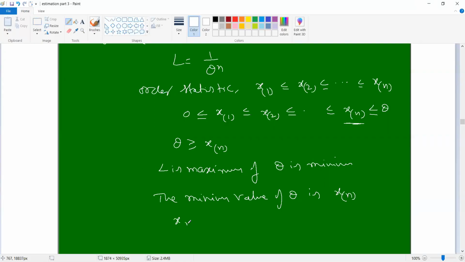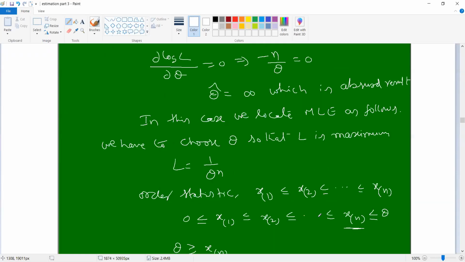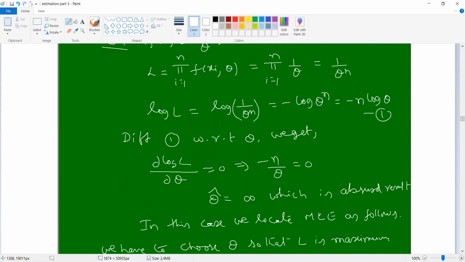Xn order is the maximum of the xi's. So therefore, MLE of theta is equal to xn order. So this is the actual procedure, but we have to apply the thumb rule.